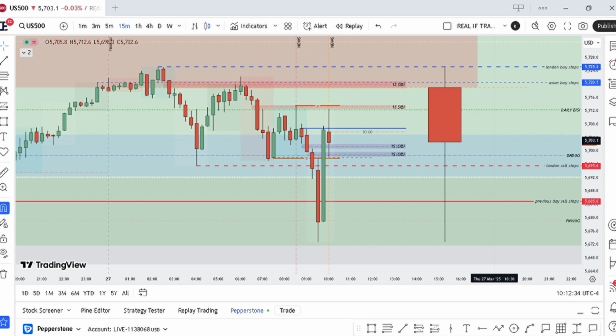There are 4 of them, 15-minute candles each, which may add up to 1 hour, making that a 1 hour order block on the 1 hour chart.